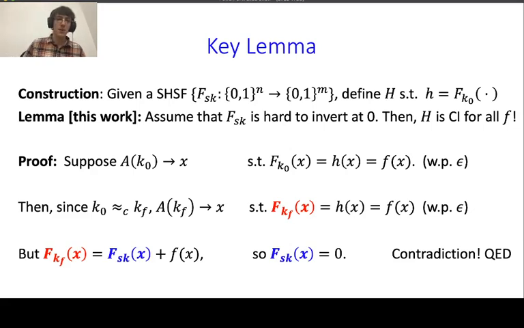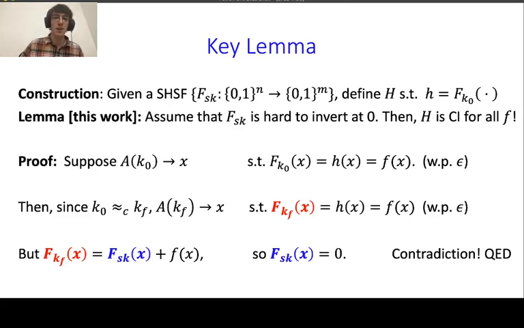So this is the proof of the key lemma, and the rest of the paper is about building the object that was assumed in this lemma. This is just for the single input case. What you also need to do is formulate and prove the multi-input version of this lemma, which is something we do, but I'm not going to cover in this talk.